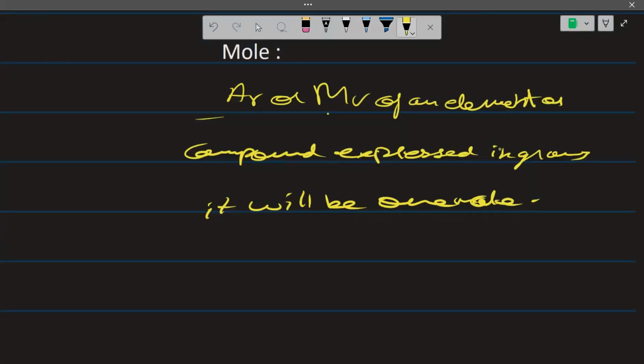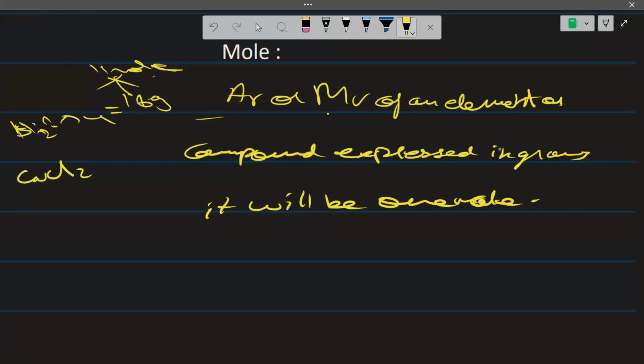Let's take H2SO4. If its mass in grams equals its MR, it will be expressed as 1 mole. And if we take calcium fluoride, for example, if its mass in grams equals its MR, it will be 1 mole.